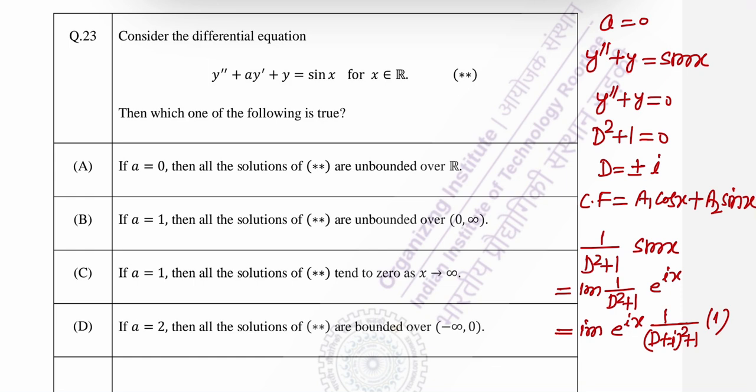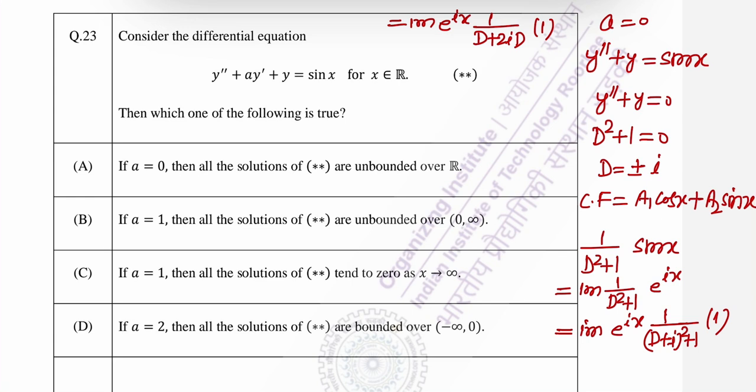So the next step will be e to the power ix and 1 by D square plus 2iD into 1.